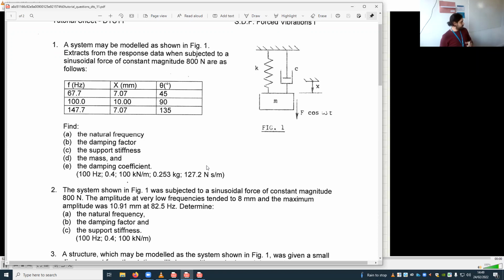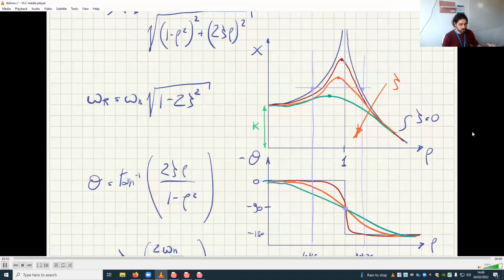Sorry, probably I should not call this K, because X is in millimeters. So this is X0, which is equal to f0 over k. That's what I mean, but you can estimate k by looking at this. This is just x0.